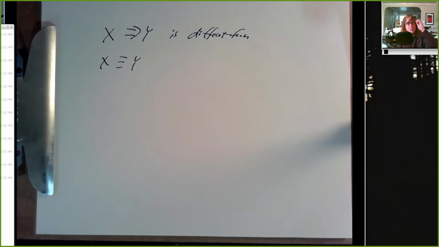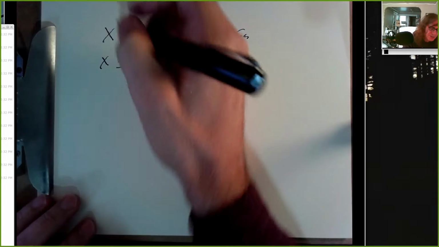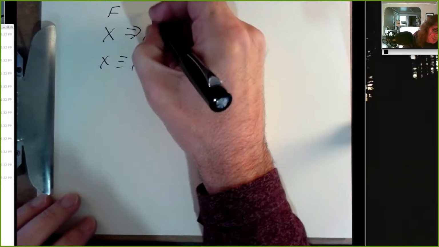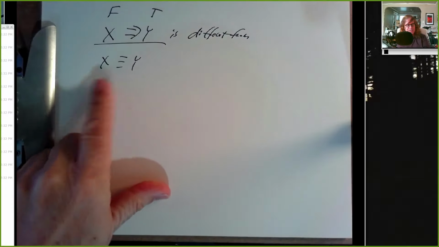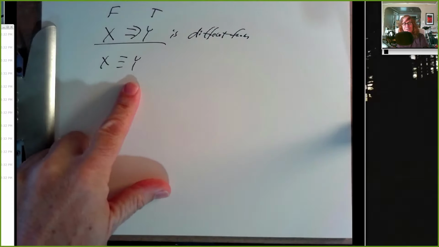Equivalence is a much stronger statement, because x could be false and y could be true, and this implication is still true. But for x and y to be equivalent, if x is false, y would have to be false also.